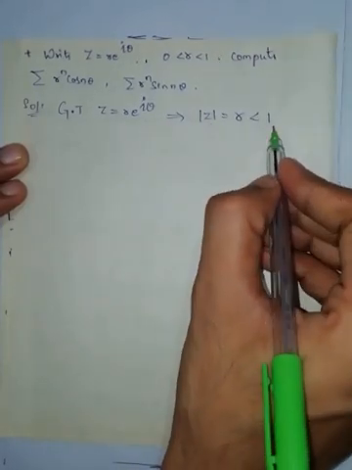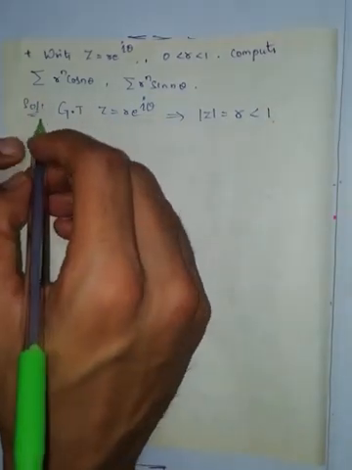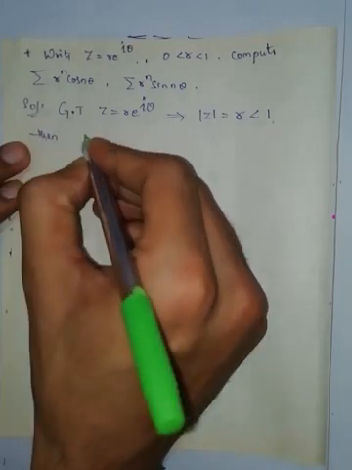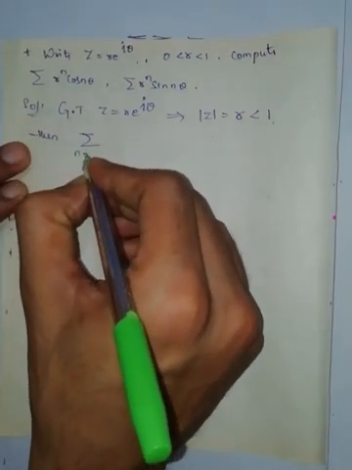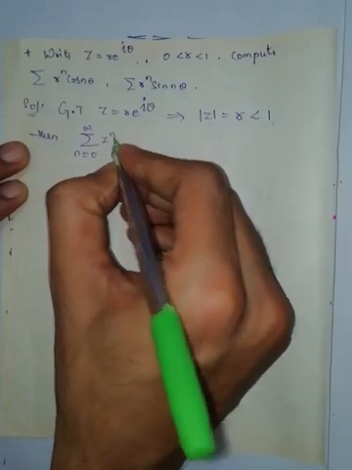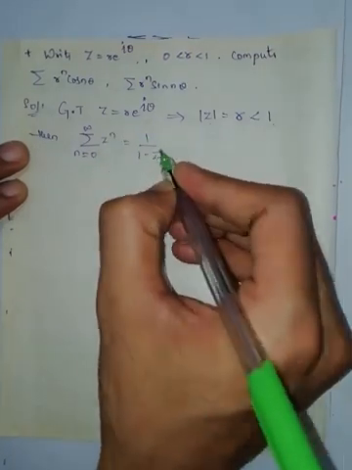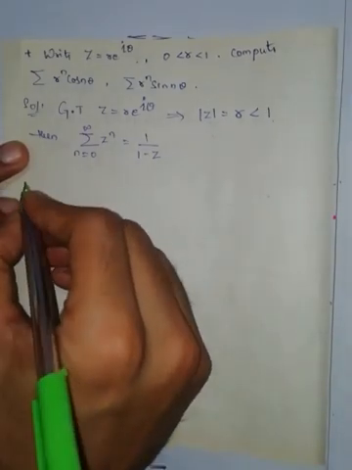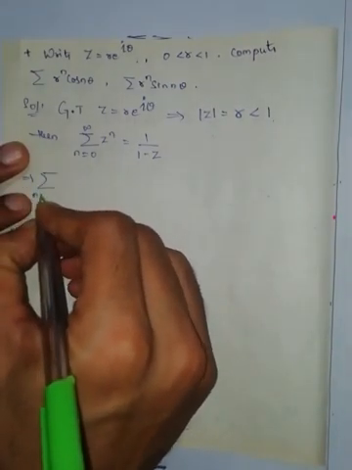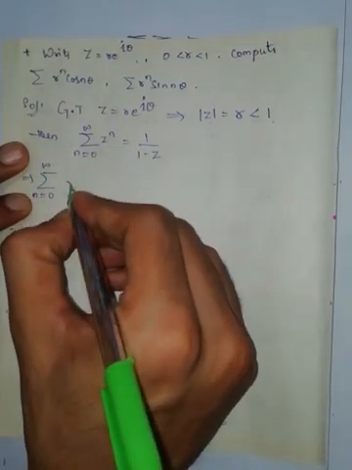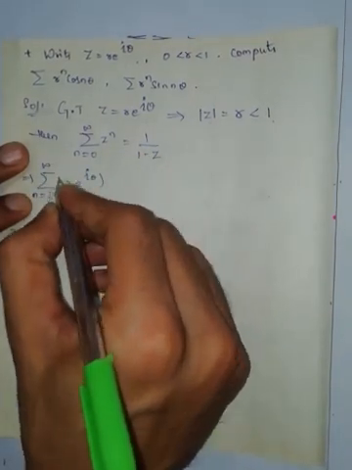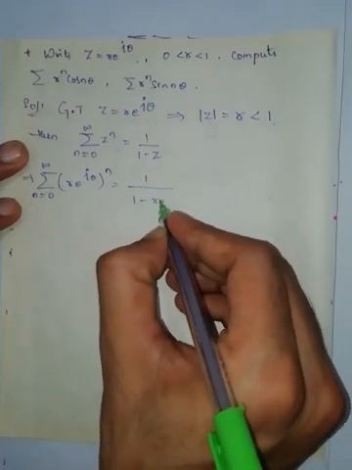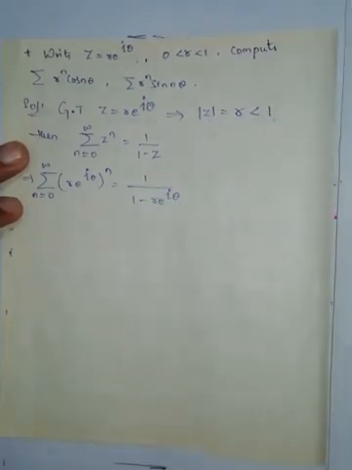If modulus of z is less than 1, then just now we have proved that summation n is equal to 0 to infinity z to the power of n is equal to 1 by 1 minus z. Now this implies summation n is equal to 0 to infinity (r into e to the power of iota theta) whole to the power of n is equal to 1 by 1 minus r into e to the power of iota theta.